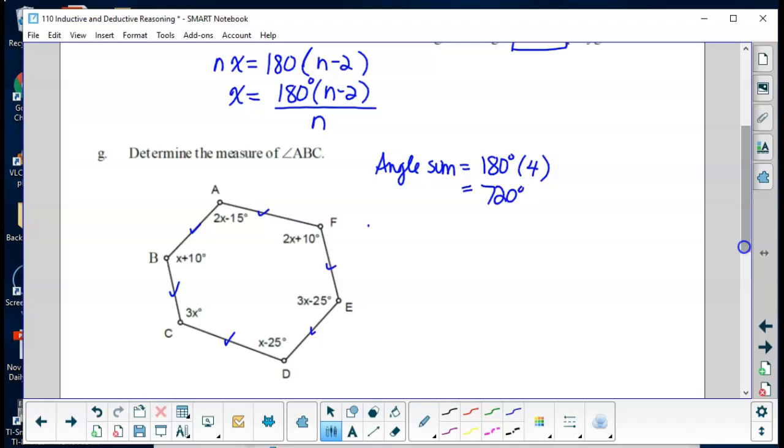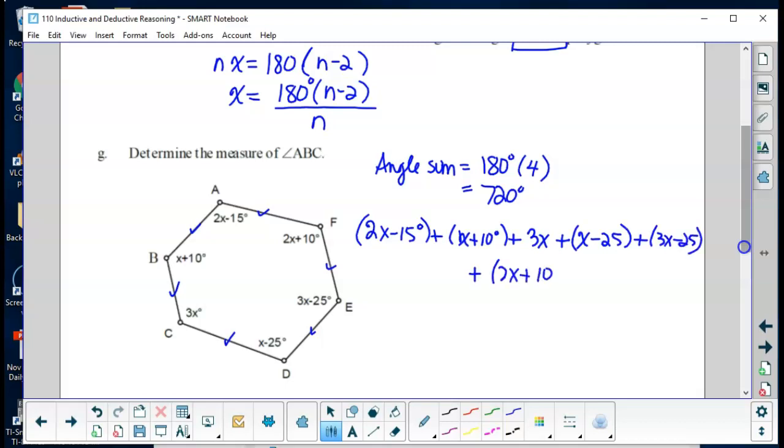So just make sure you don't lose track. I'm going to start at A, so 2x minus 15, then go to B next, plus x plus 10 plus 3x plus x minus 25 plus 3x minus 25 plus 2x plus 10.